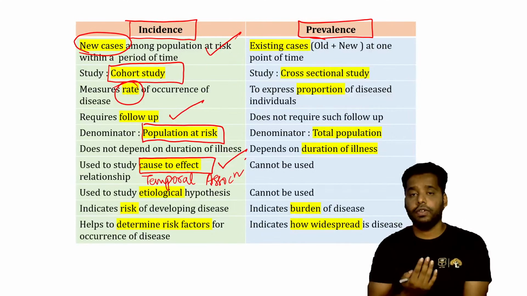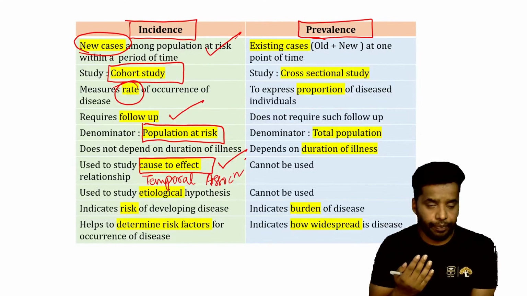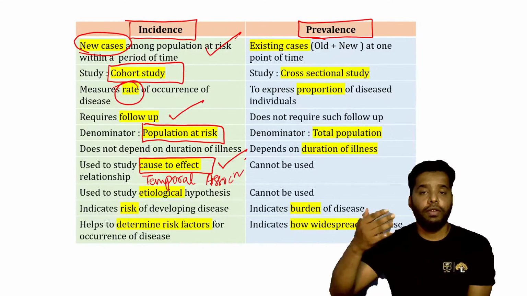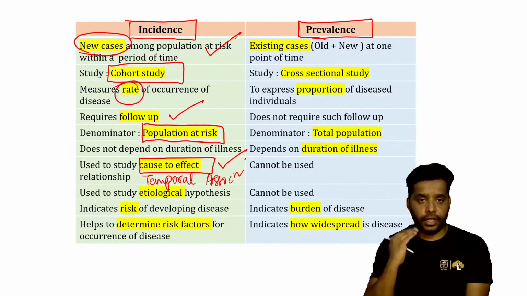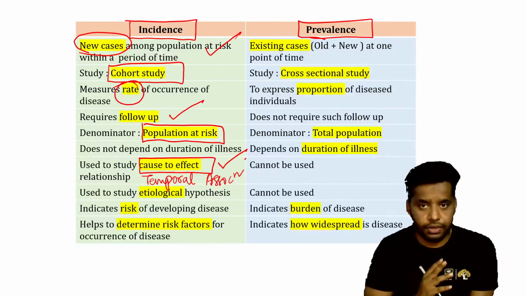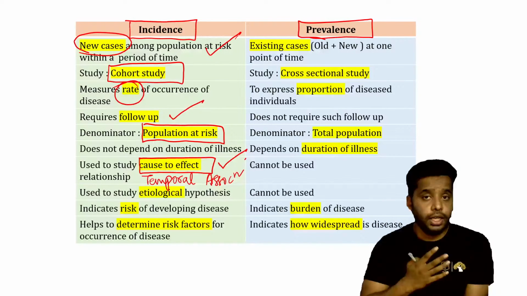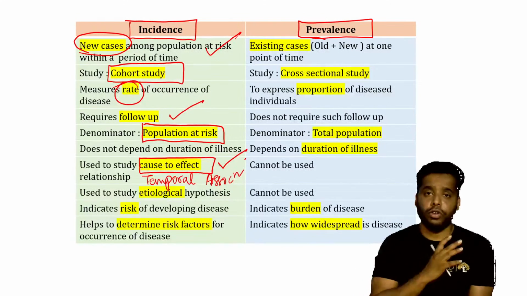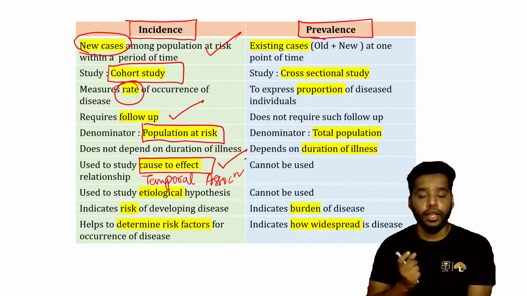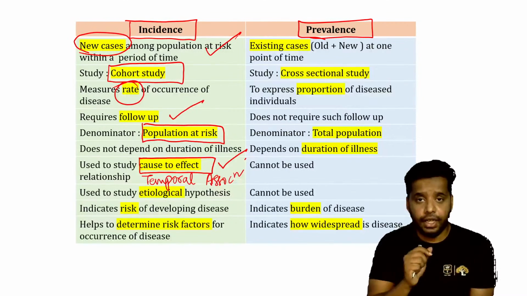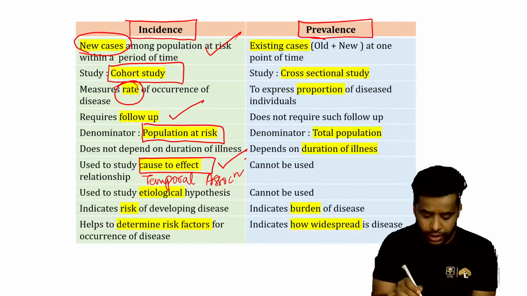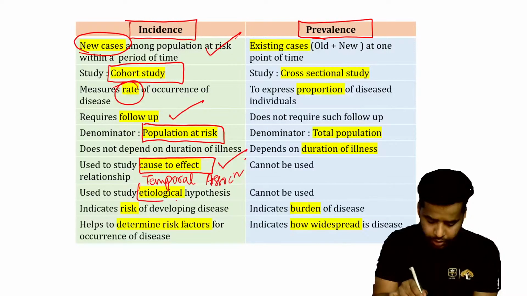I have to start with risk factor. I have to give some time. After 1 or 2 years, how many will develop disease? That is what I am checking. Risk factor to disease concept. That sequence is called temporal association. Temporality is proved from follow-up studies like cohort study. That is the reason why incidence is a better measure for etiological hypothesis, not prevalence.